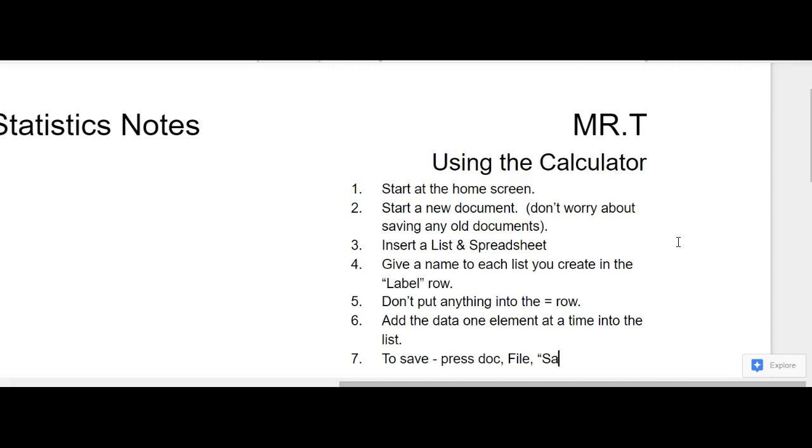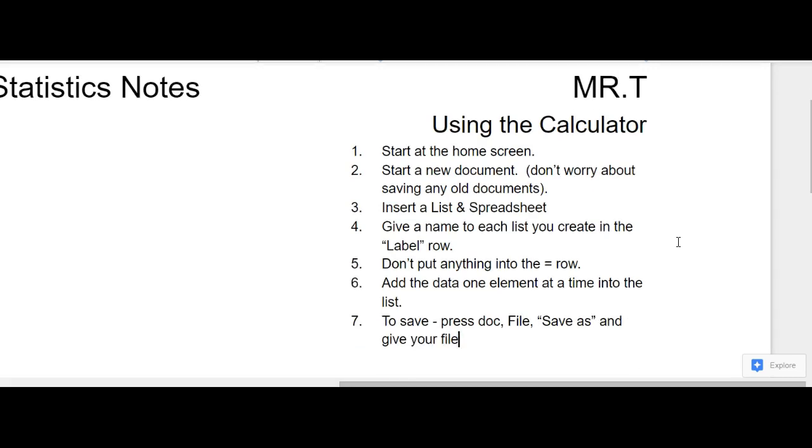So save as and give your file a name. Okay, and then after that, once saved, you can press Control S to save any new changes. That's a shortcut once you've made your save.